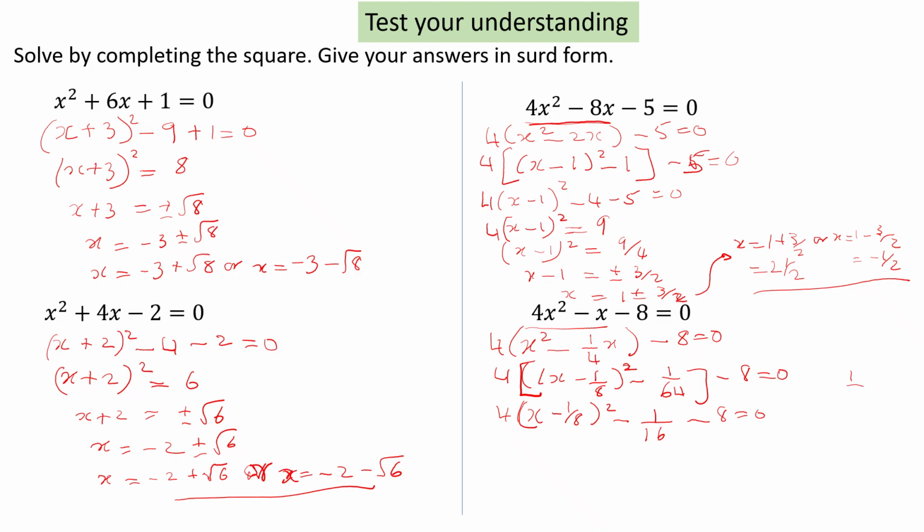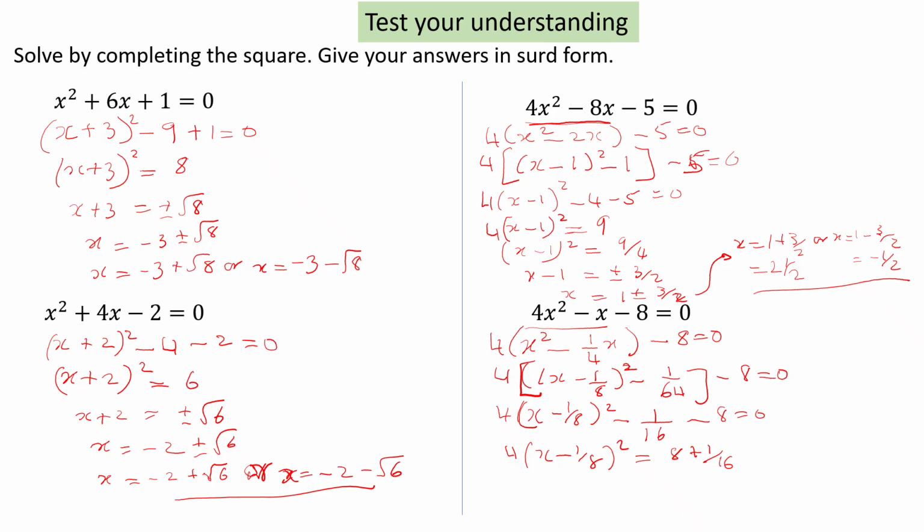So 1 over 16 plus 8, so use the calculator. 4 times (x minus 1 over 8) squared equals 8 plus 1 over 16.